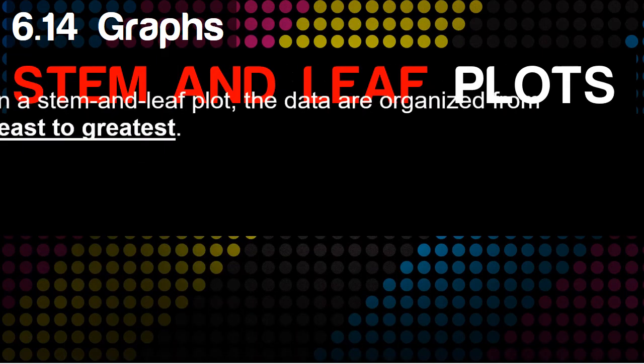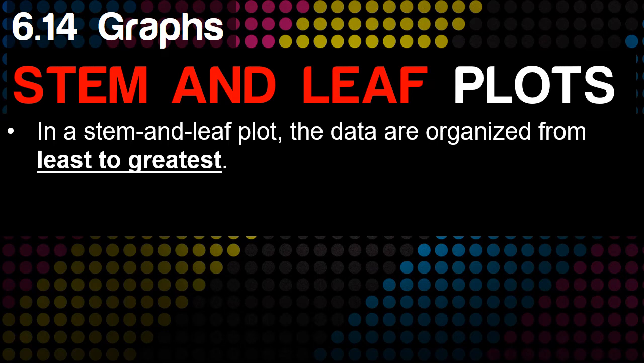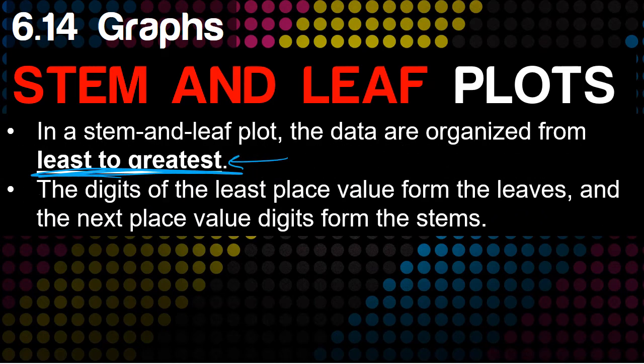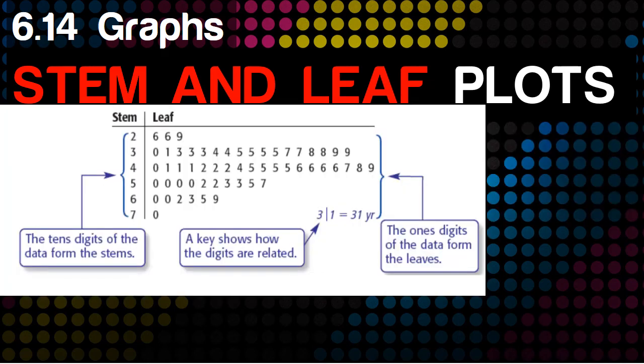Now we have a stem and leaf plot. In the stem and leaf plot, the data needs to be organized from least to greatest to start. This is the key: least to greatest to start. The digits of the least place value form the leaves, and the next place value digits form the stems. So here's what we mean by this. Here we have the stem and we have the leaf. The stem is the tens place, and our leaf is the ones place. We have lots and lots of data here.